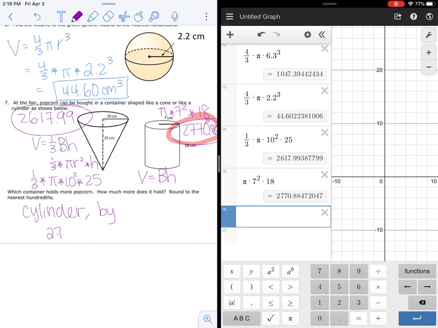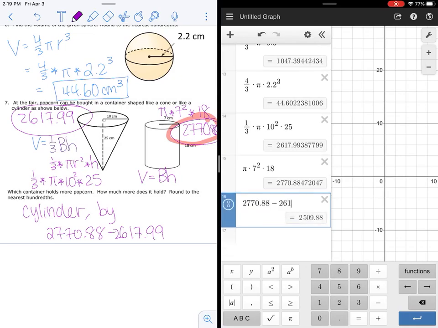So 2,770.88 minus 2,617.99 should give us the answer for that. So I'm going to do that on my calculator. And that gives you 152.89 centimeters. So that would be the answer for number 7.